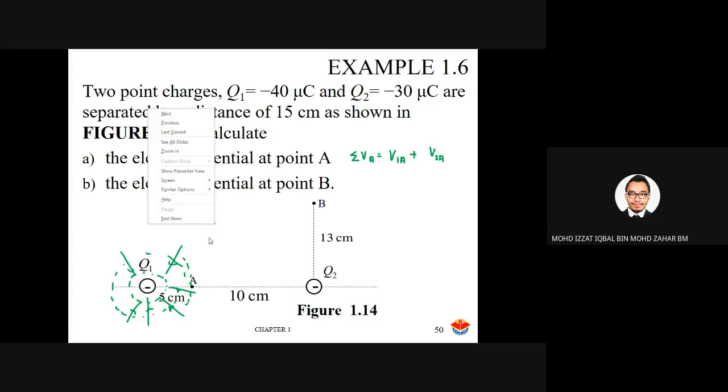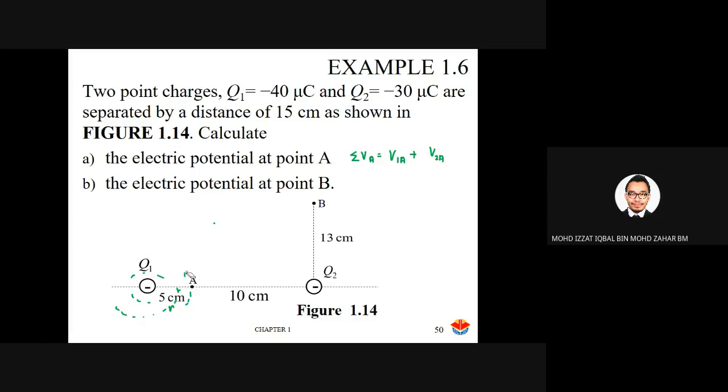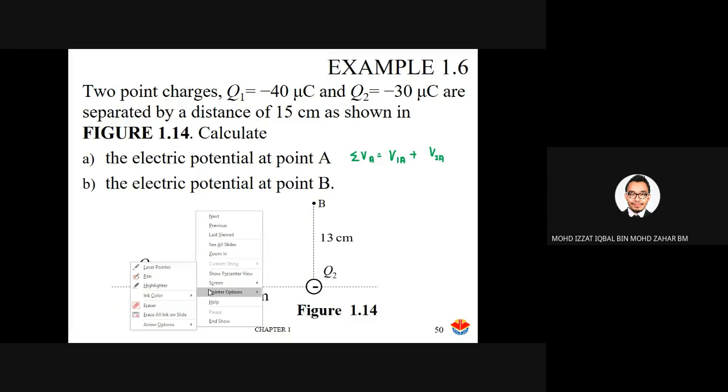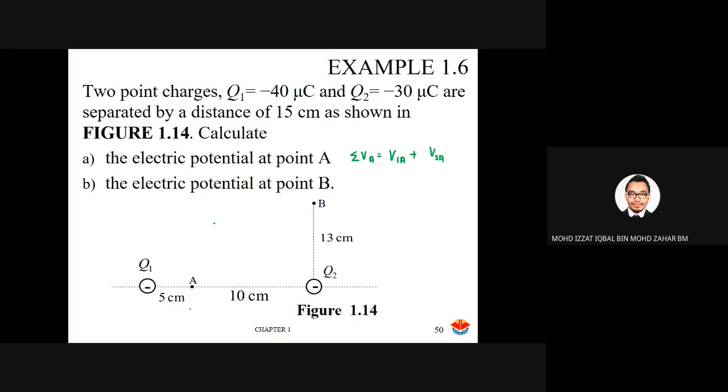Sebab tu ada dua potential over there. So I'm going to erase that one. So I just want to show you the source of potential in case kamu tak nampak. So setiap satu charge dia akan produce satu potential. Okay, kalau point tu dekat dengan charge, biasa memang potential tu akan value dia nampak besar lah, number dia tu.